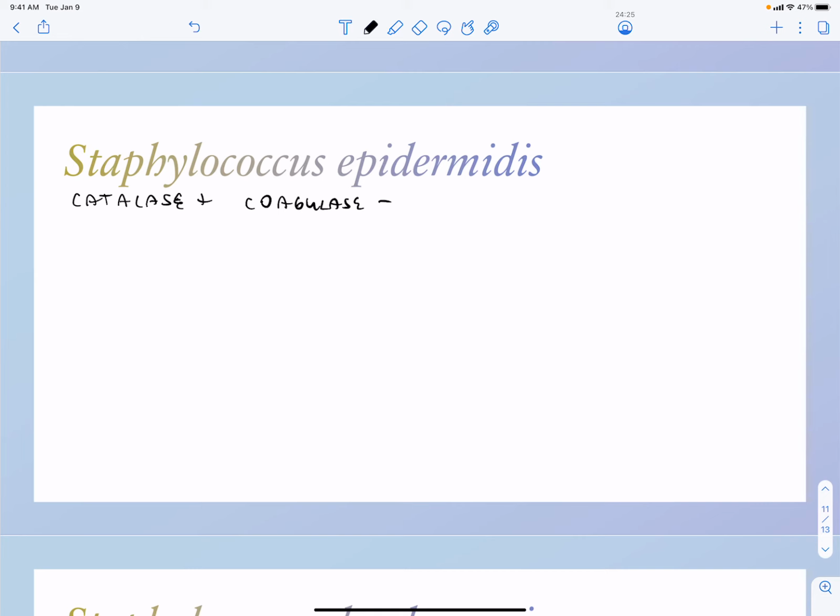So Staph epidermidis is going to be a major cause of endocarditis. And it's going to be able to infect artificial heart valves.